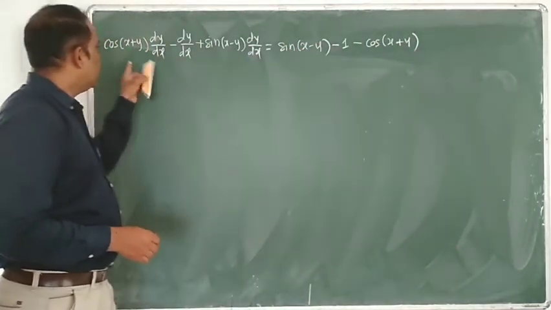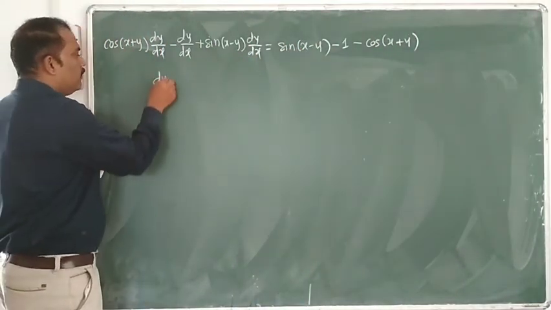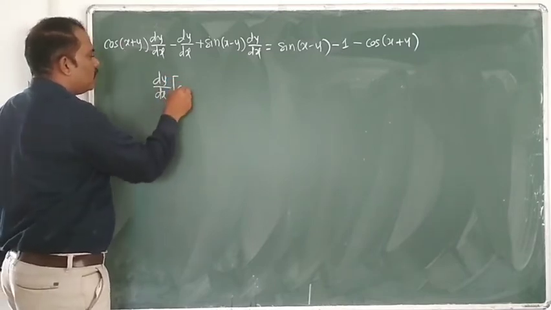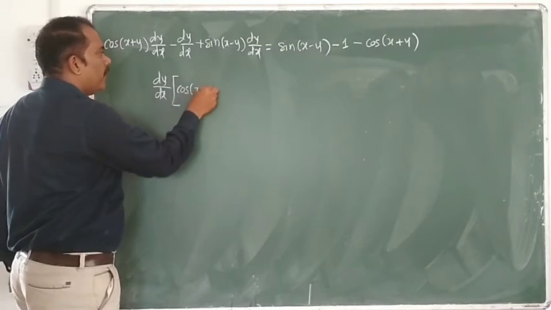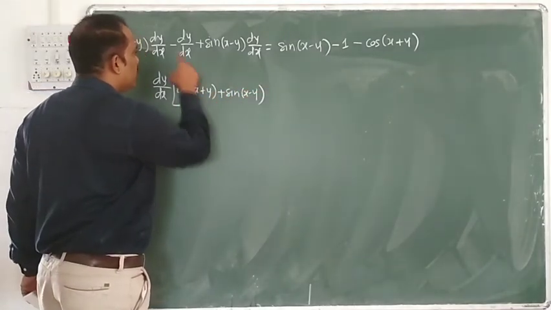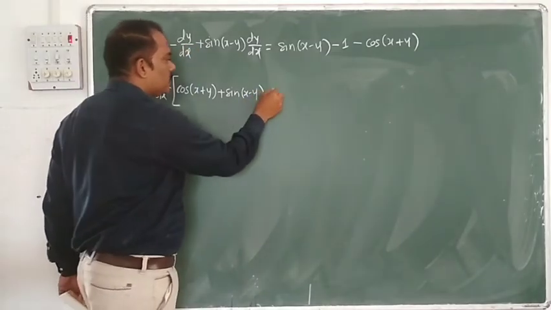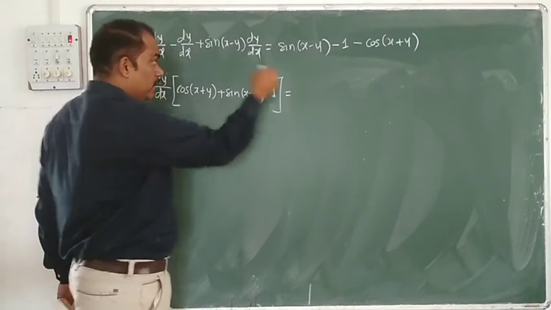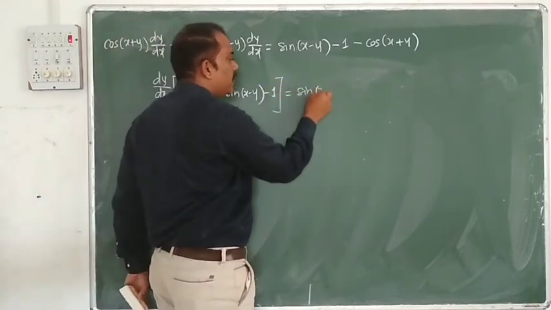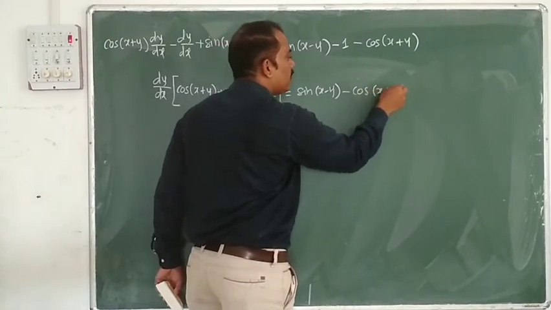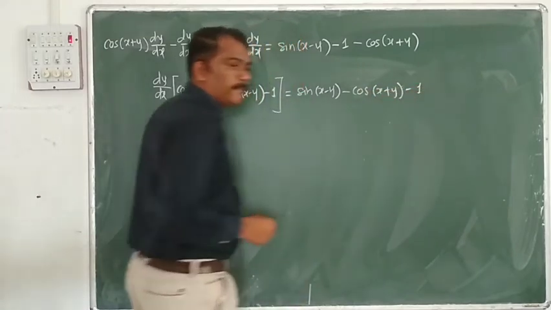From this we have to take the dy by dx common, so that dy by dx into bracket, here remaining cos of x plus y plus sin of x minus y, here remaining only minus 1, so that minus 1 is equal to, here remaining sin of x minus y minus cos of x plus y minus 1.